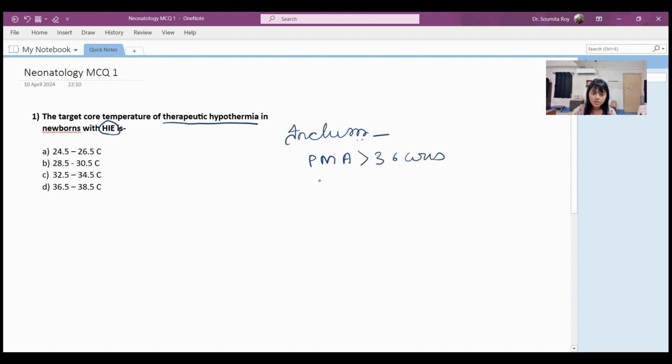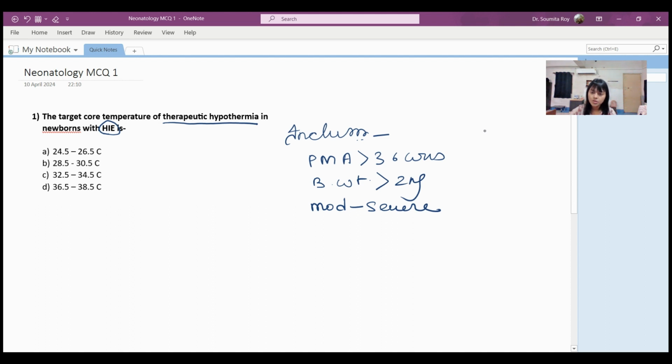The birth weight should be at least more than 2 kgs. And the HIE, that is hypoxic ischemic encephalopathy, should be minimum ranging from moderate to severe. So if it satisfies all these criteria, then only you can induce therapeutic hypothermia.